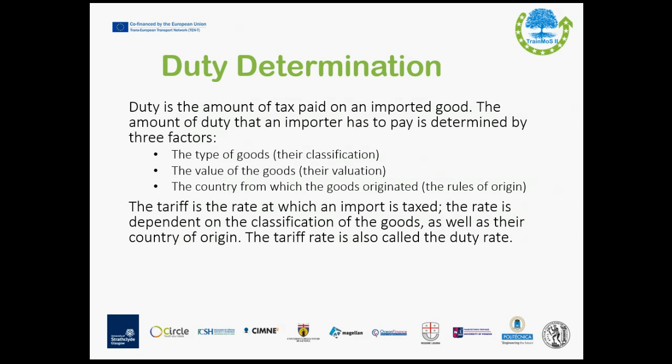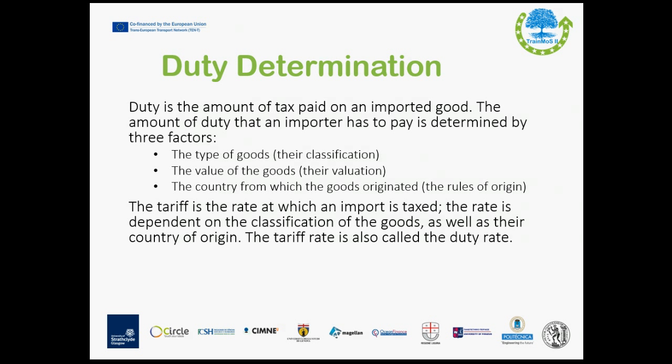Now, a tariff is the rate at which an import is taxed, and the rate is usually dependent on the classification of the goods, their country of origin, government stipulations or objectives, and generally speaking, issues that are beyond the reach of the producers or the buyers.